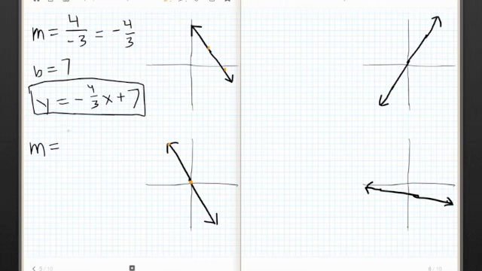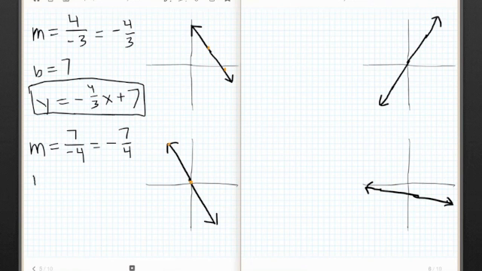So up by 7, positive 7 change in y, left by 4, so that's a negative 4 change in x. So this is negative 7 over 4.